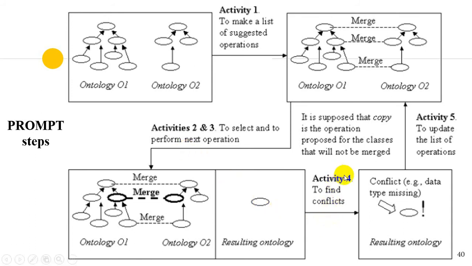The fourth activity consists of finding conflicts. The system determines conflicts introduced by the last action, finds possible solutions to these conflicts and displays these to the user. And finally, the fifth is to update the list of operations. Here the system creates a new list of suggested actions for the user based on the new structure of the ontology.